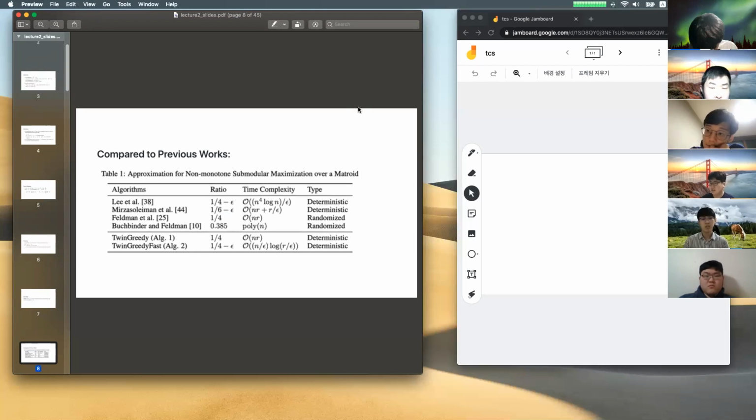For this problem, the four at the top are results of previous work, and the two at the bottom are results of this paper.